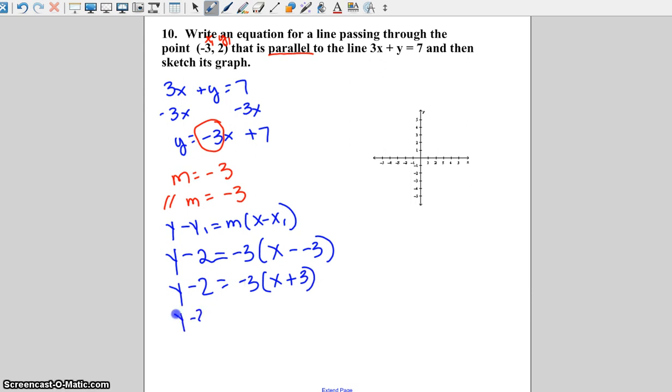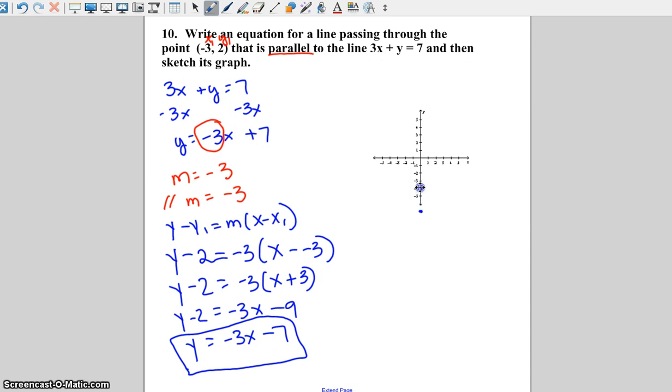Distribute the -3, and then add the 2 to both sides. Negative 9 plus 2 is negative 7. Your answers need to be in slope-intercept form. Okay, now we're supposed to sketch the graph of our line, and so that has a y-intercept of negative 7, which will be about right there, and a slope of negative 3.